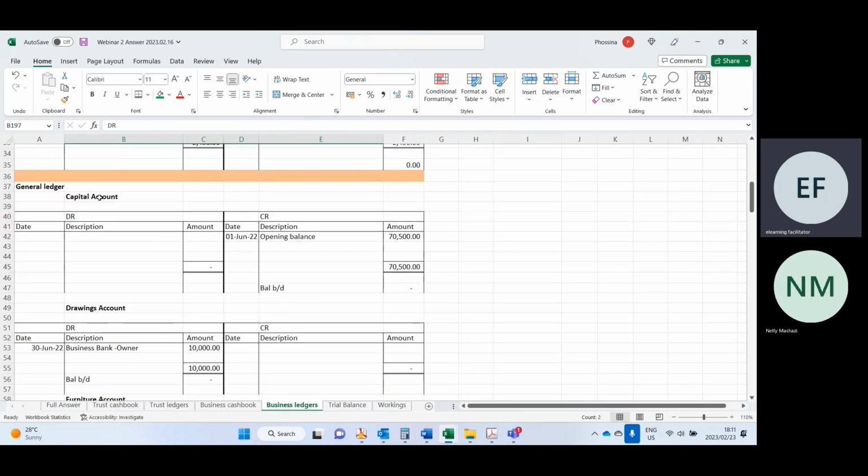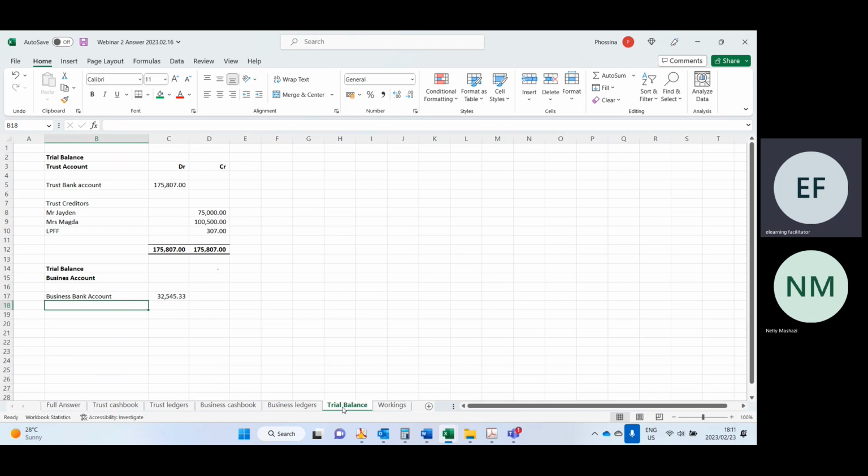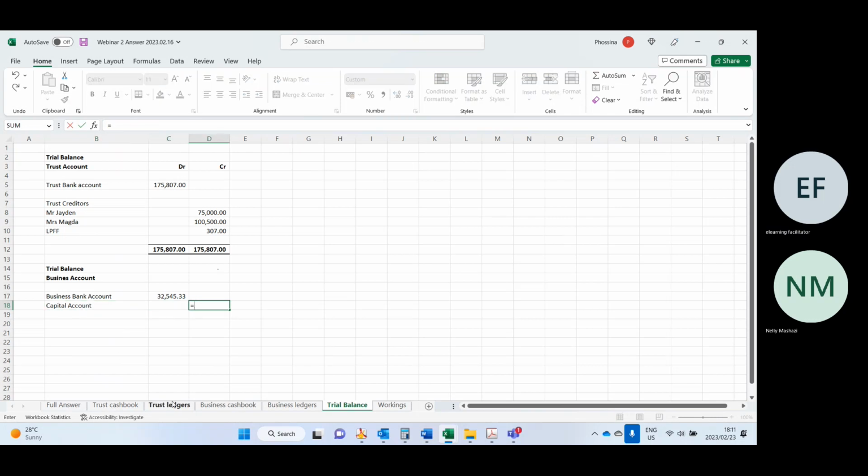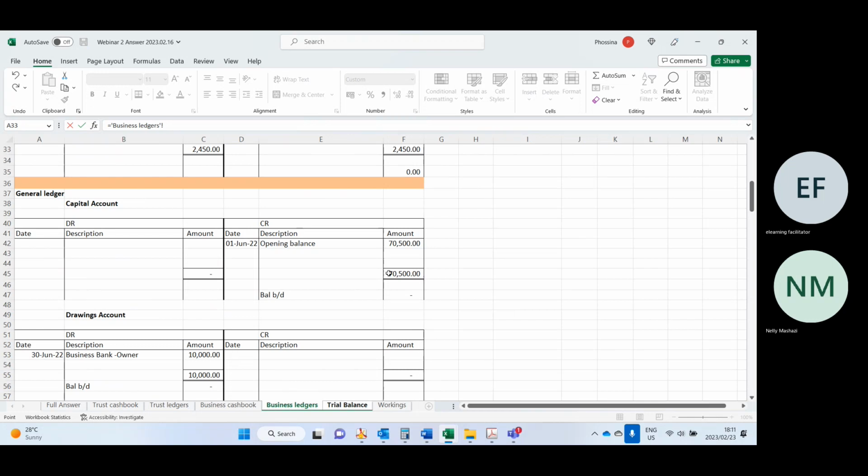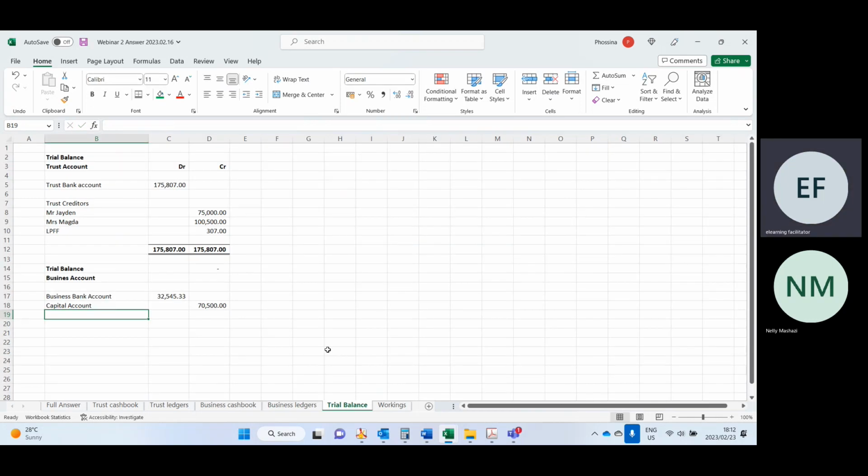And then for our capital account, we will always carry the balance that we have on the credit side. So we've got our capital account. Like that. And then we've got our drawings.